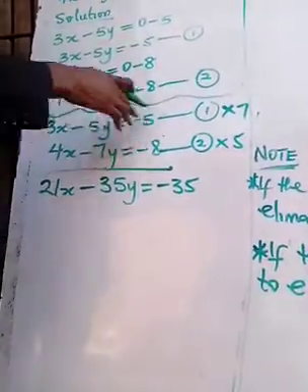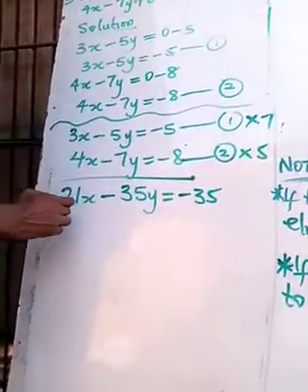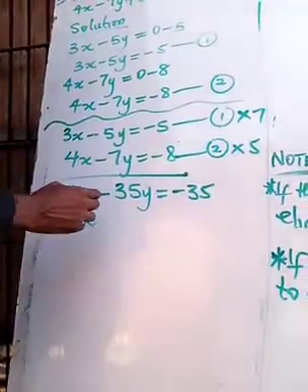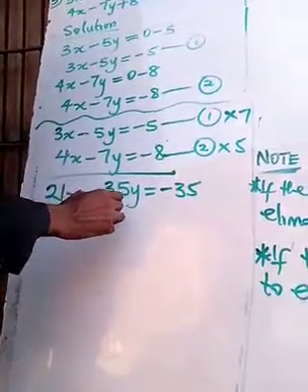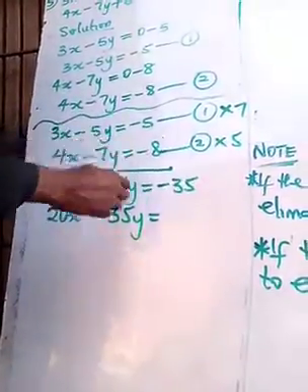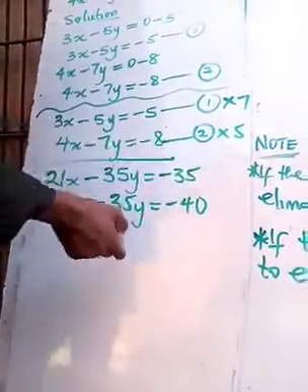So we are done with the first equation. The second equation now, 5 times 4, that's 20x. Then minus 5 times 7, that's 35y. Then 5 times minus 8, that's minus 40. The minus will be there, then 5 times 8 is 40.